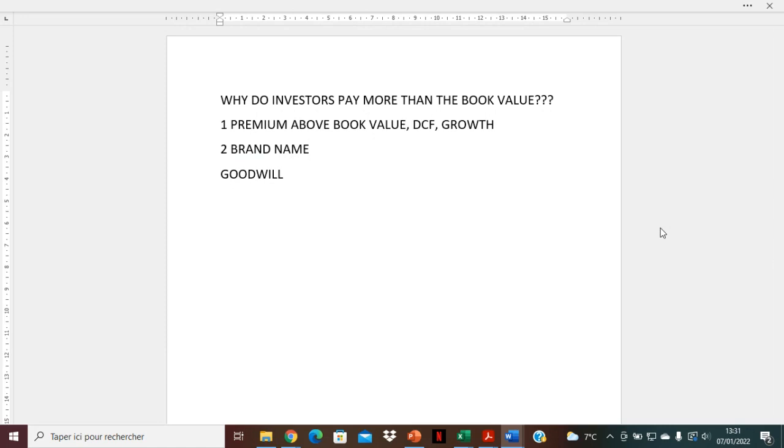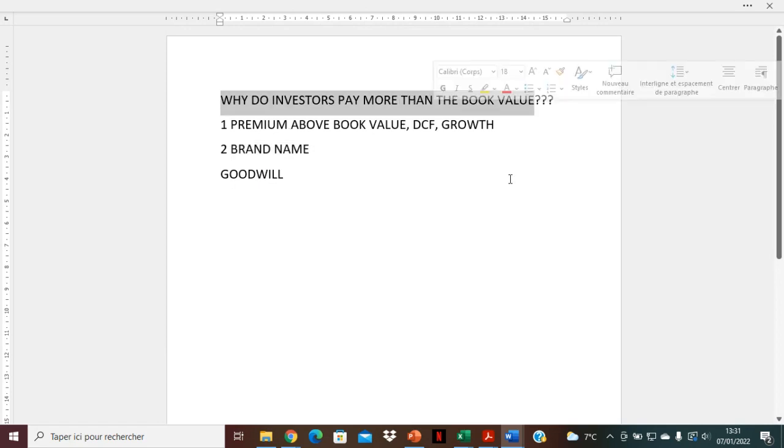Okay, so now, obviously, if I buy Apple, the outgoing shareholders would tell me that I would need to pay them quite a lot of money to buy the brand name. And obviously, that would be a very good reason why investors would pay more money than what I see just on the Apple balance sheet. Okay.